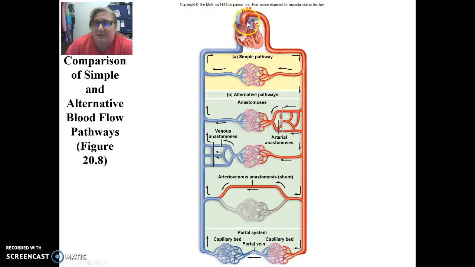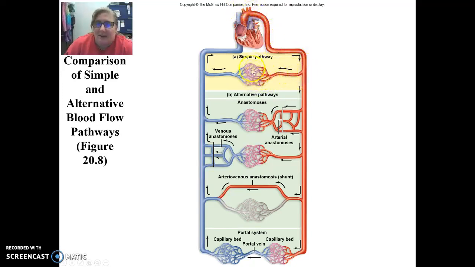Blood flows back through the pulmonary veins into the left atrium, through the bicuspid or mitral valve into the left ventricle, where it is then pumped out through the aortic semilunar valve, out the aorta, and to the body.